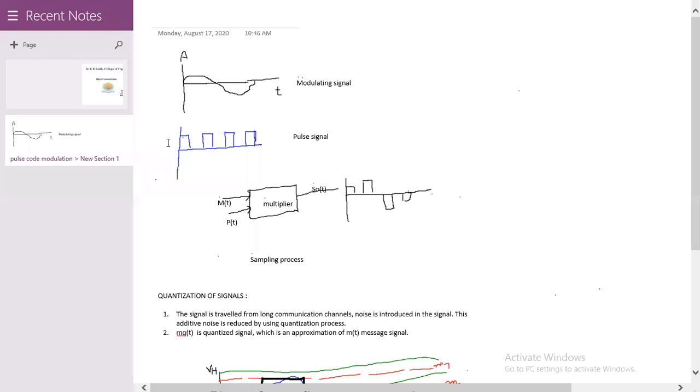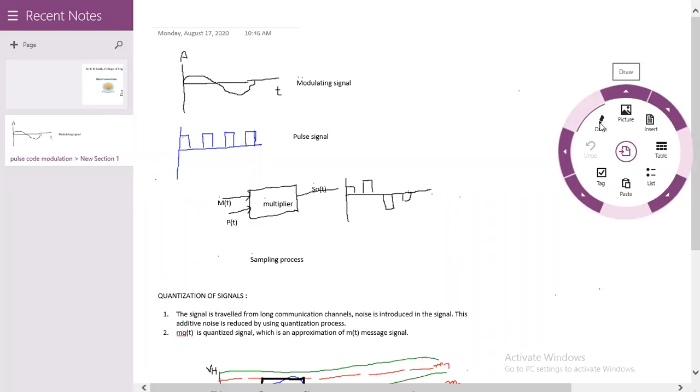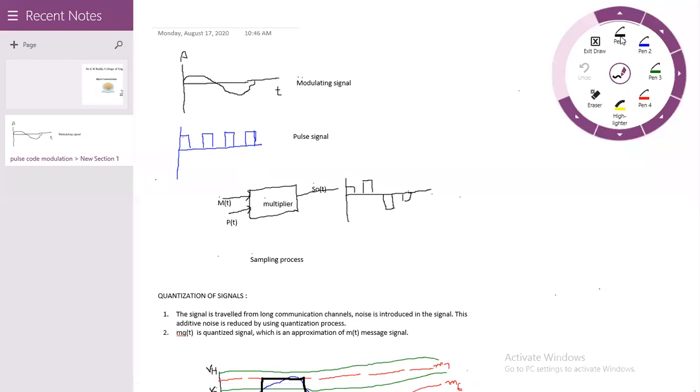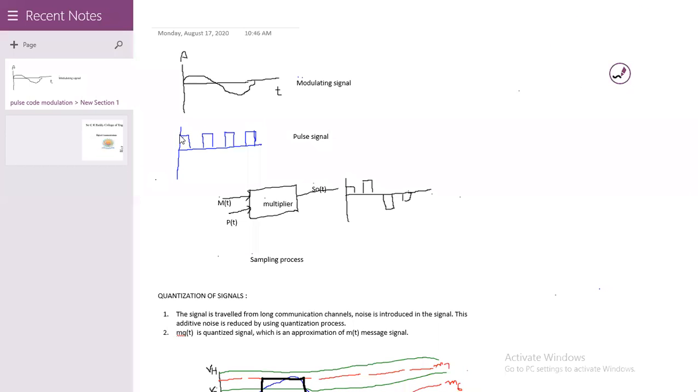So here the pulse signal amplitudes are indicated: this is 1 and this is 0. At this point the amplitude is 1, and here the amplitude is 0. Then we multiply these two signals.